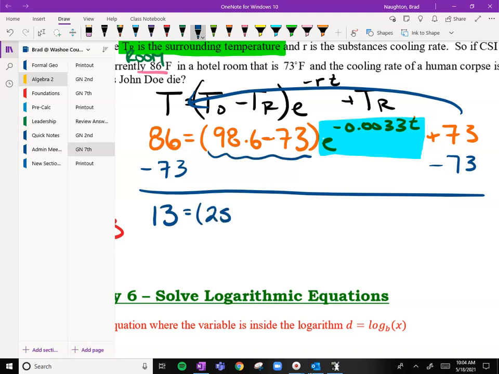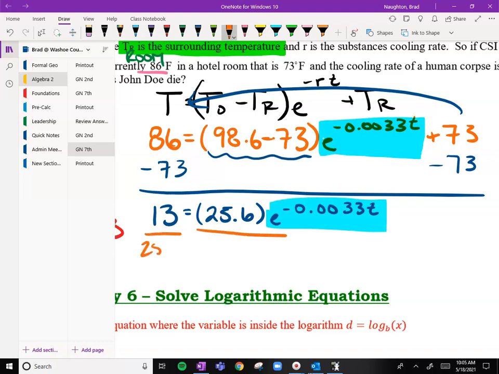It's going to be 25.6 e to the negative 0.0033 t. So again, I'm trying to get this part by itself. So we're going to divide both sides by that 25.6. So it'll cancel out right here, and all I'm going to have left is e to the negative 0.0033 t. And then this is going to be 0.508.